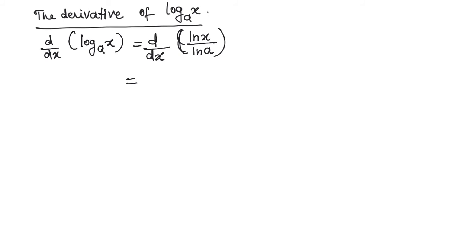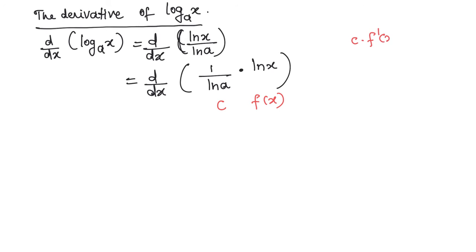So while taking the derivative, I am going to view this as 1 over ln of a times ln of x. That means constant times a function. So derivative will be constant times derivative of the function. So constant is 1 over ln of a times the derivative of ln of x.